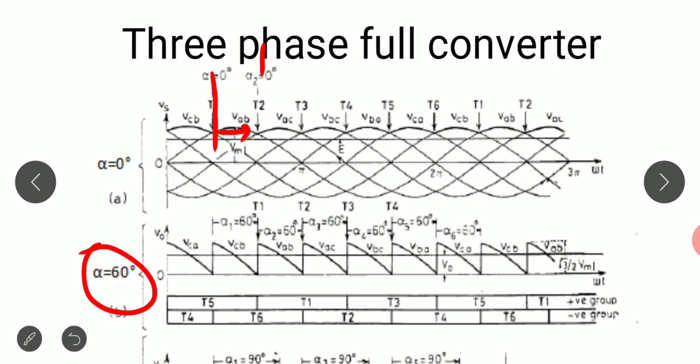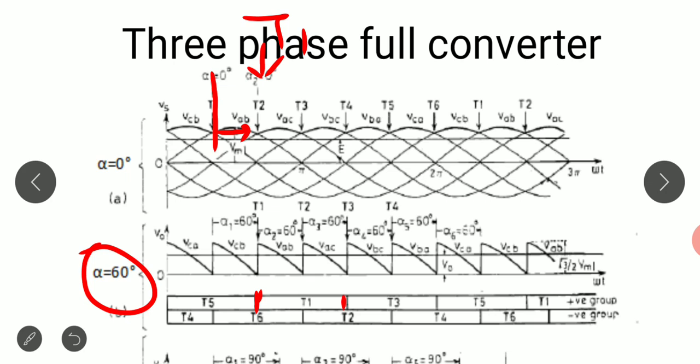That means at this instant. This becomes firing instant of T1. It will be delayed by 60 degree. So here you can see that T1 is triggered at this instant, and it will conduct for a duration of 120 degree.